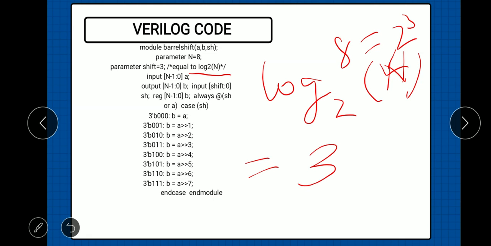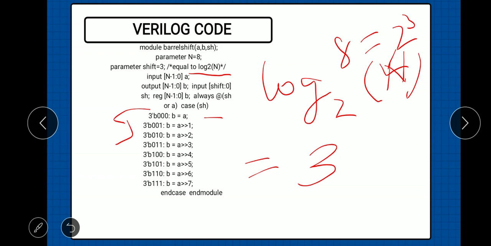Inside the always block, our output B is sensitive to both SH input and A input. Whenever SH is 0, our input does not change. Our output is the same as the input.